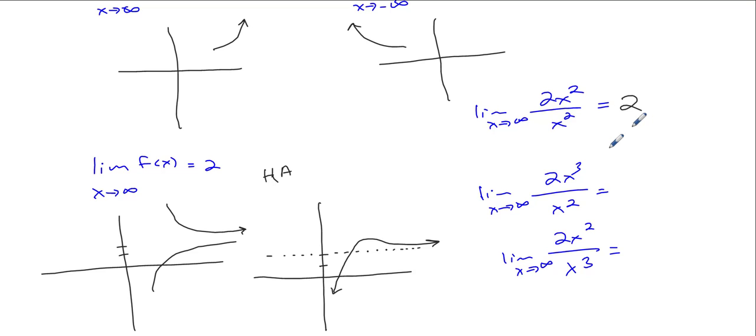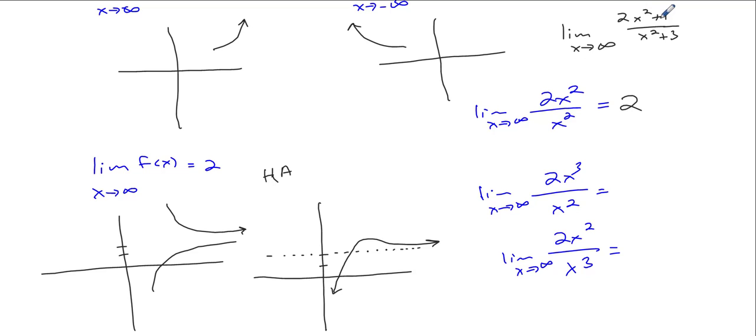Okay, good. But what about this, smarty pants? 2x squared plus 1 over x squared plus 3. Now do some canceling. Well, guys, as we go to infinity, does plus 1 really matter? If I have $1 billion, does $1 really matter?